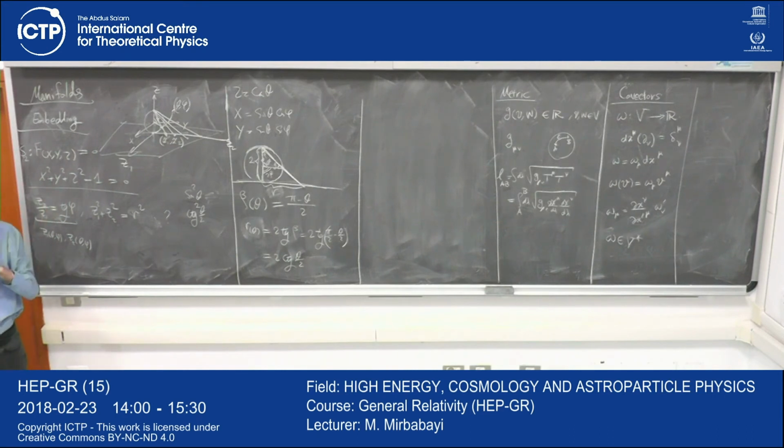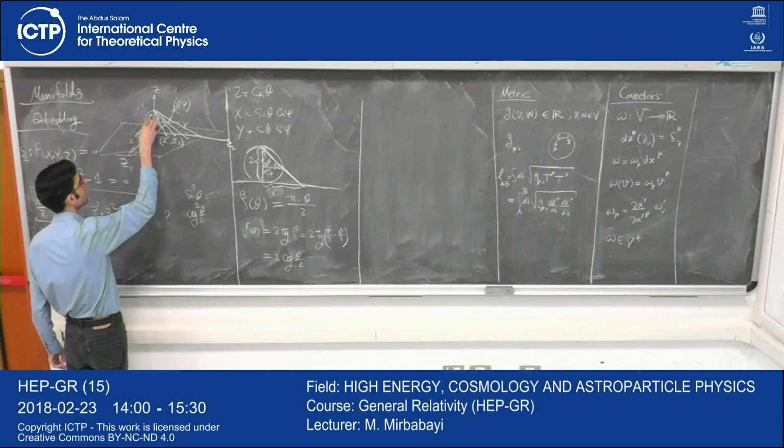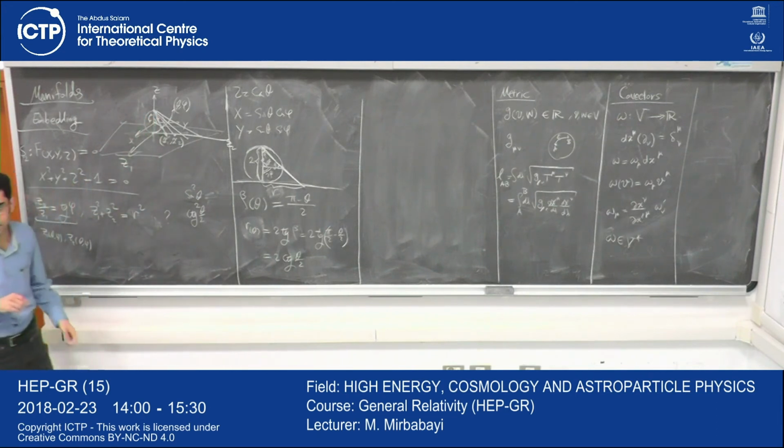We know how to calculate lengths of a line in Euclidean space. That induces a metric on our manifold. So if I draw a curve on this manifold, I can assign a length to it by asking what is the length of that in the embedding space.